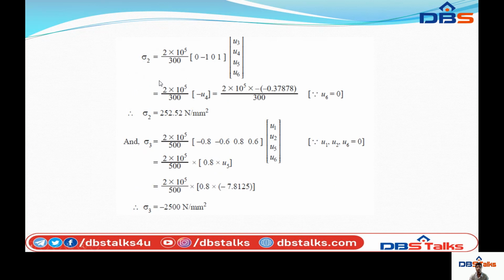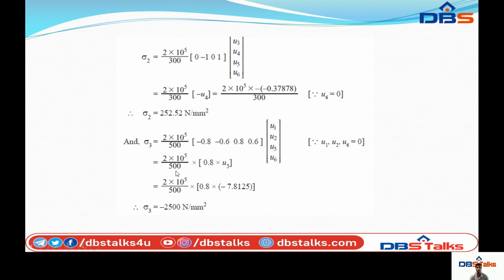Similarly, for element 2, E by L times [-C, -S, C, S]. The stresses will be found out based on the unknown nodal displacements, starting from U1 to U8. For element 1, the stresses will be from U1 to U4.